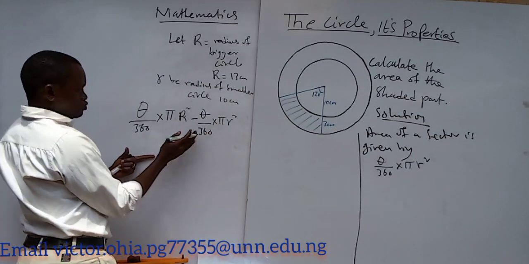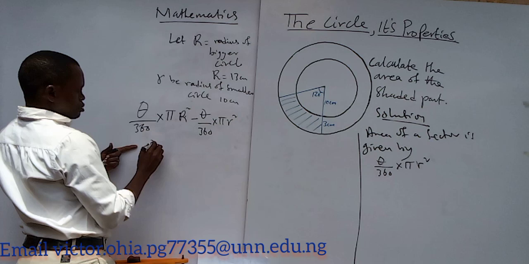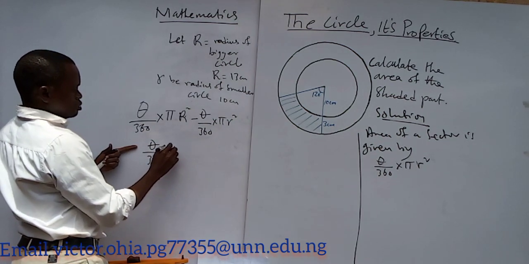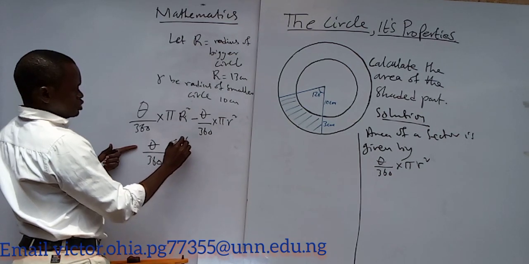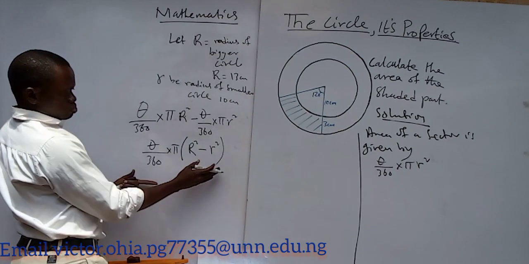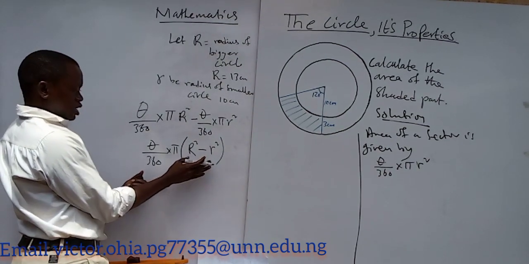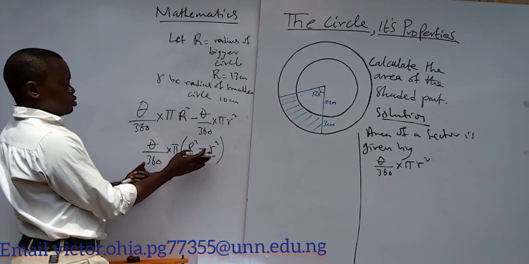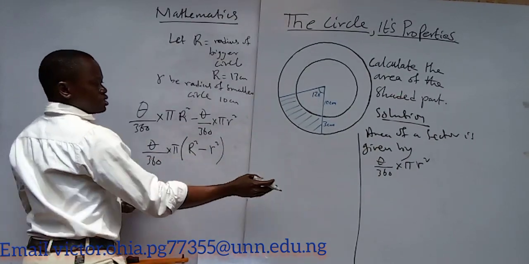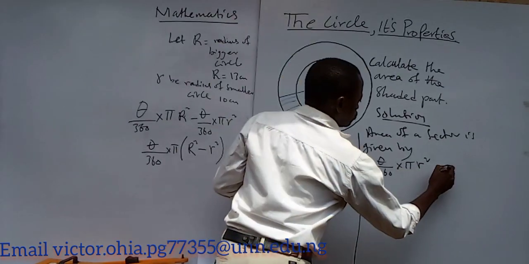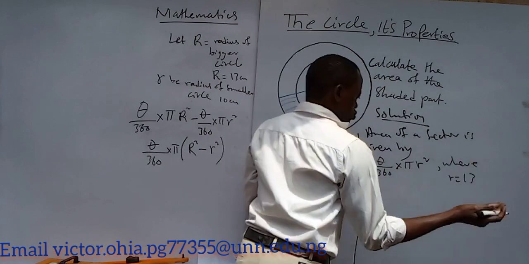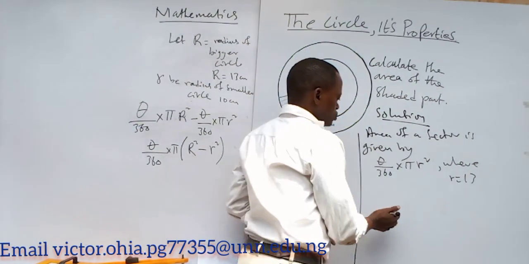So when you factor out theta over 360 times pi, you now have in brackets capital R squared minus small r squared. You can use this to do the calculation, or alternatively, you can do it one after the other, where R equals 13. So you do your normal calculation. I'm sure that is well taken.